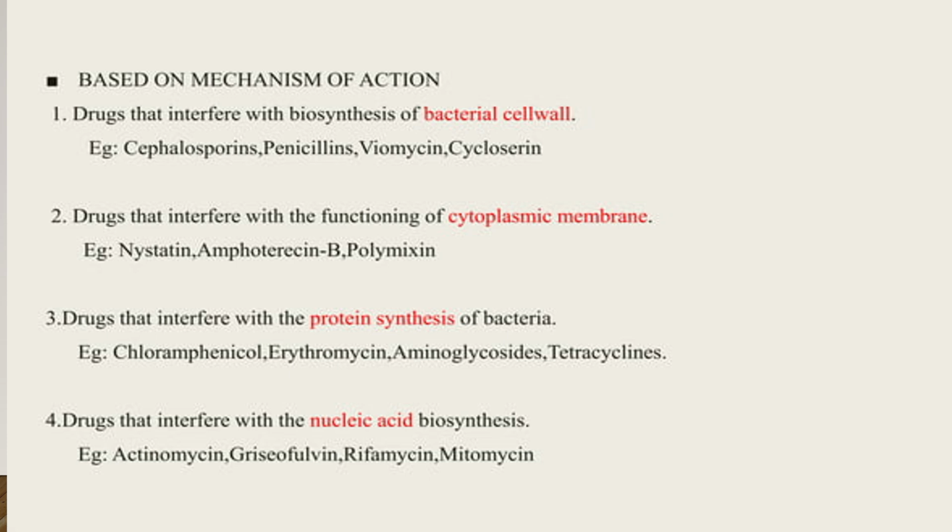Bacteria have a rigid cell wall which protects them and all the cell organelles of that bacteria. But there are categories of antibiotic compounds which stop the growth of the bacteria. Those are cephalosporin, penicillin, viomycin and cycloserine. These are the 4 examples of the antibiotic class.